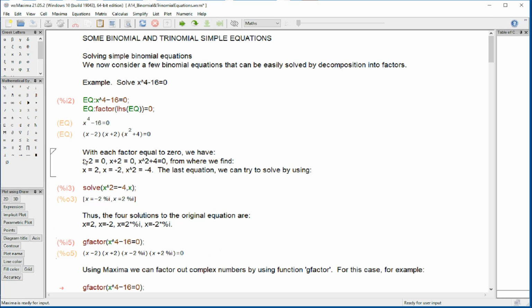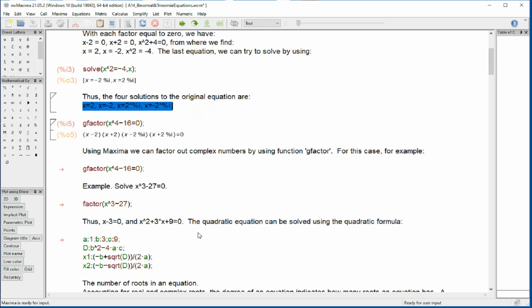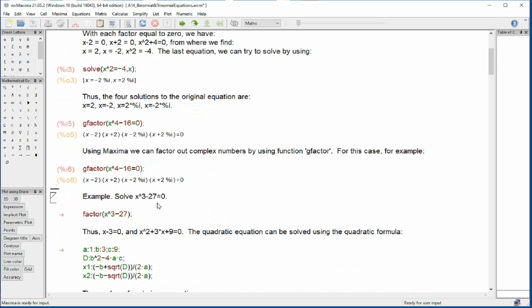So it's opposite to the one different from factor, gfactor, and that will give us the four factors, including two that have imaginary numbers in them, and then we can identify the four roots there in that factor. Oh, I actually had that already typed in there, so let's do it again.